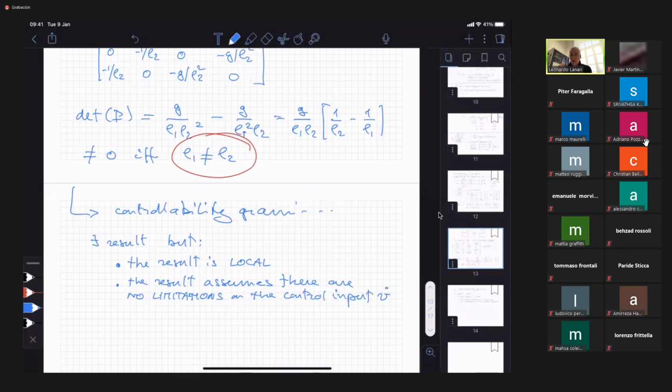The control that achieves this may require very high force or acceleration, V dot, and maybe your actuator is not able to achieve this.